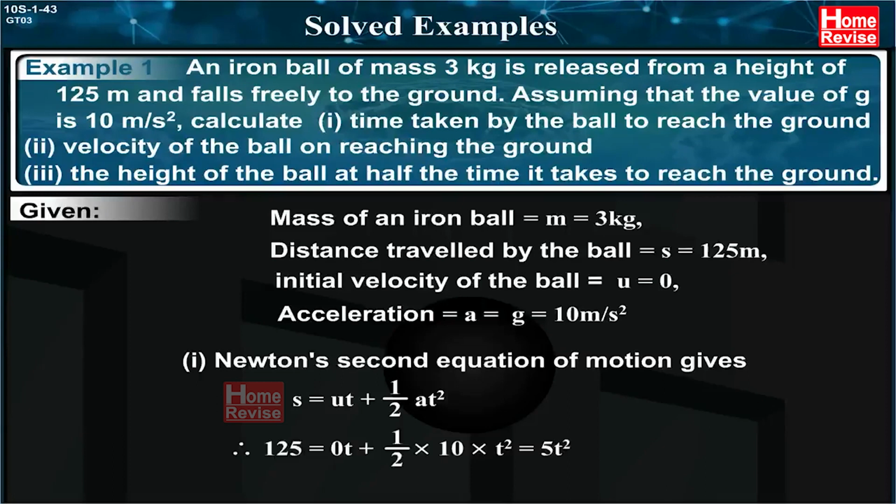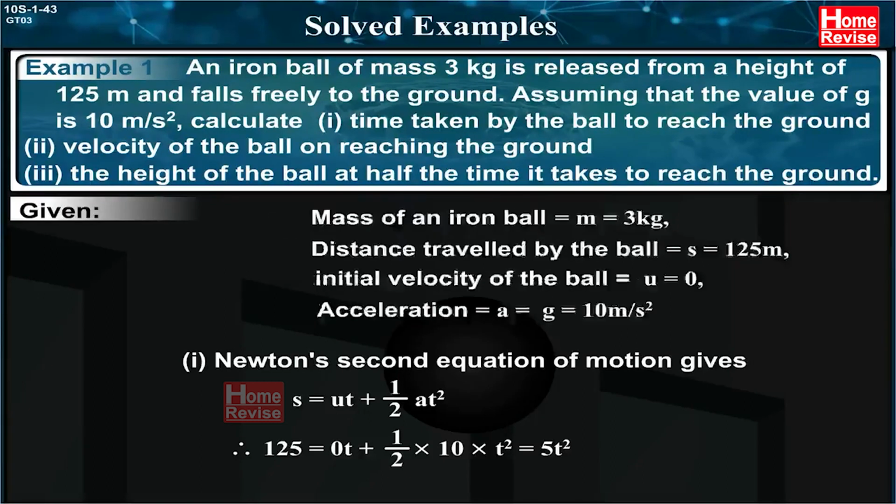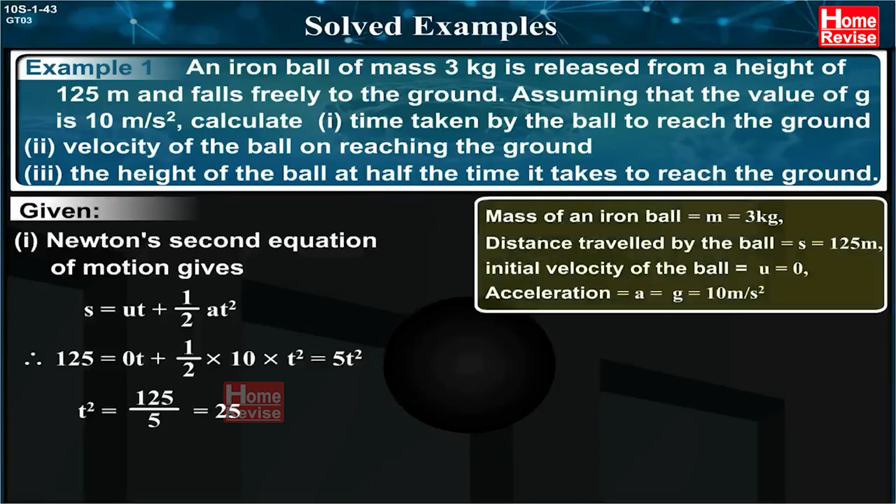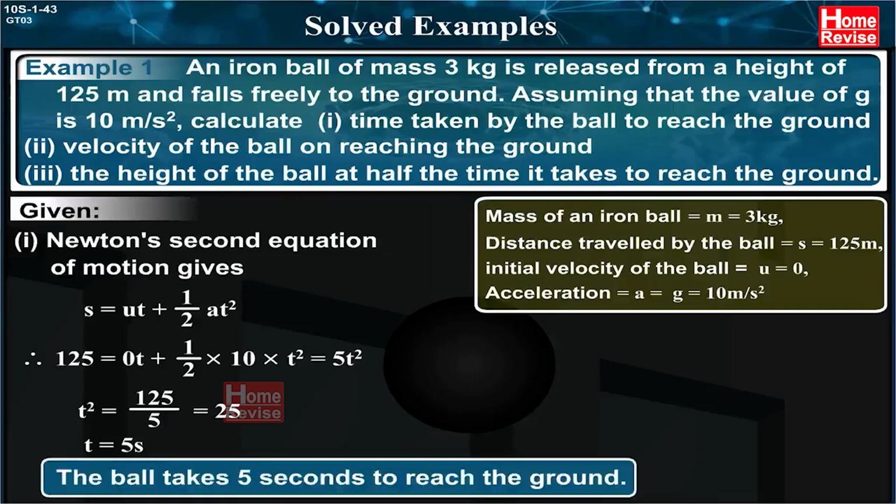Therefore, 125 is equal to 0t plus half into 10 into t square, which equals 5t square. Or t square is equal to 125 by 5, which equals 25. t is equal to 5 seconds. So, the ball takes 5 seconds to reach the ground.